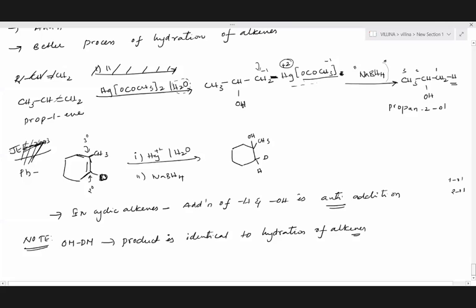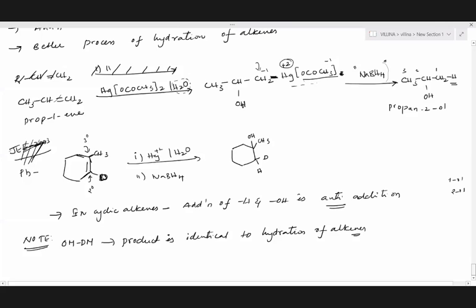One more note you have to take down here: there is no change, when we were performing hydroboration oxidation, instead of one ol we got two ol, whereas for this hydration reaction, even if we are getting involved a named reaction, there is no change.